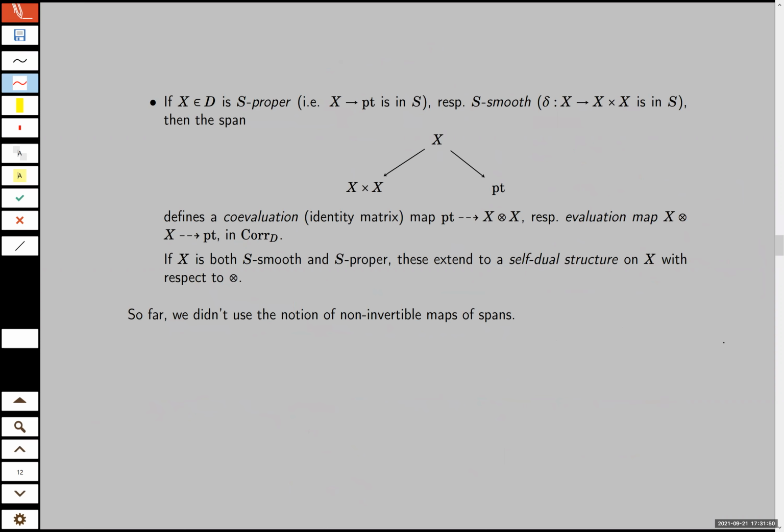And finally, there's a duality story here, which might be familiar from the theory of smooth and proper DG categories in non-commutative geometry.